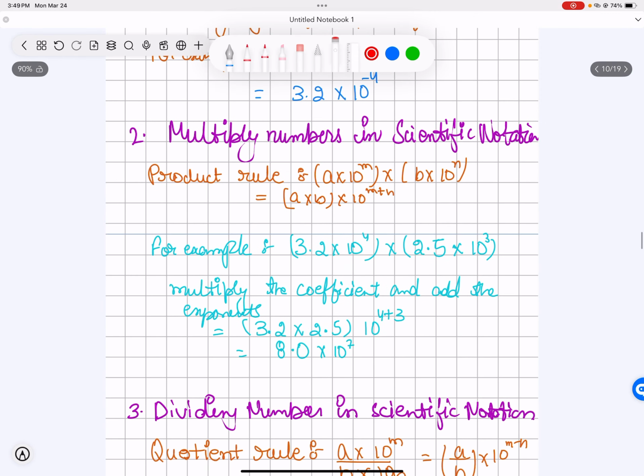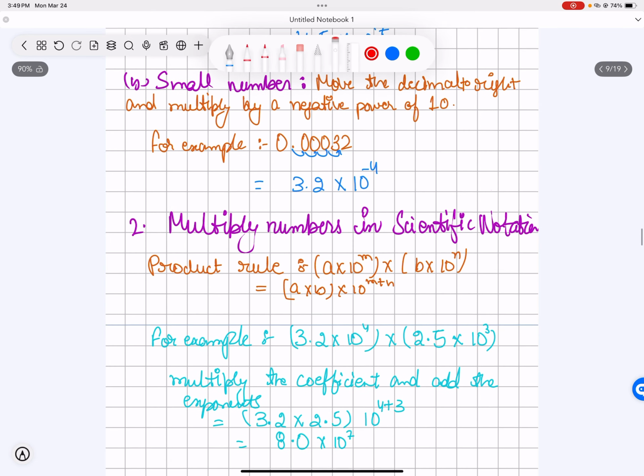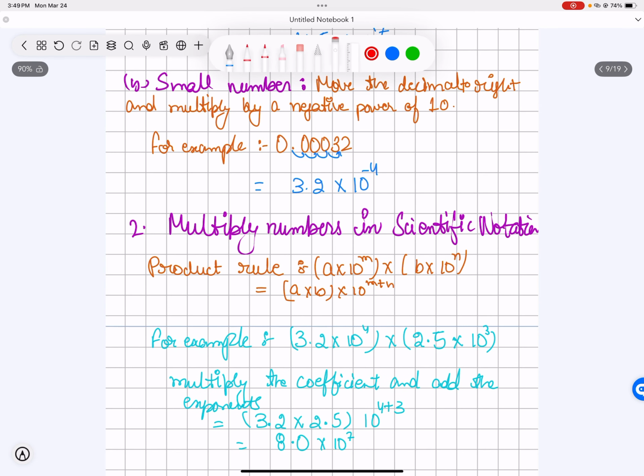In the next part, we have multiplying numbers in scientific notation. In this, we have the same product rule. We multiply the number parts, and then we add the exponent values just like we did previously, and keep the 10 as it is.